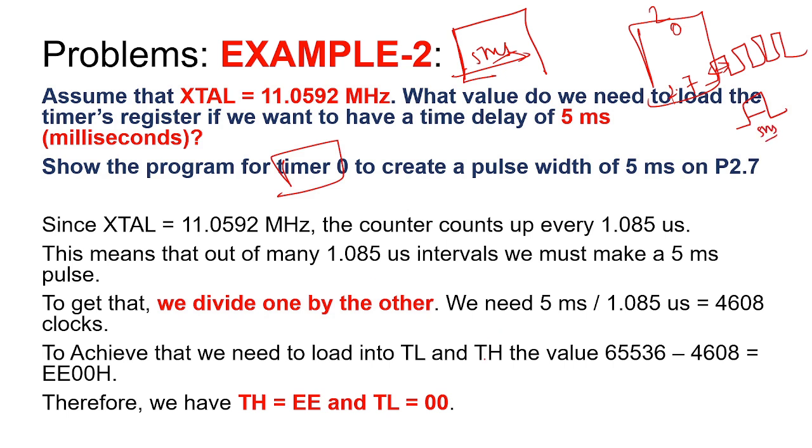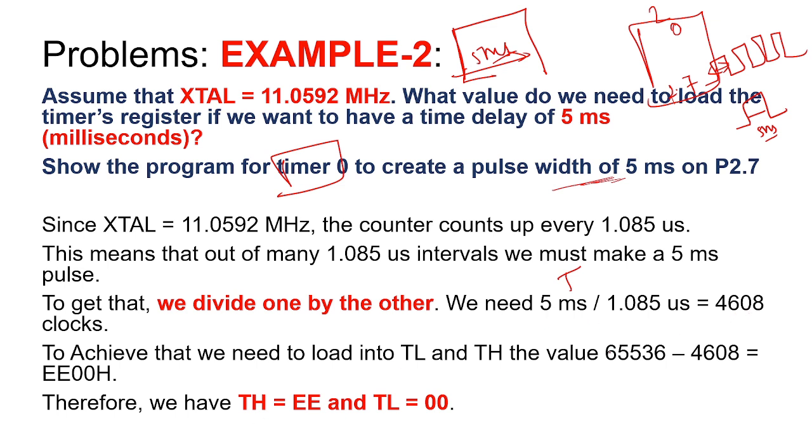Okay, what is the first procedure? First, we want to divide the time, that is the pulse width, 5 milliseconds, by your 1.085 microseconds, which is the machine cycle time. If you divide, you will get the total clocks, that is 4608 clocks.